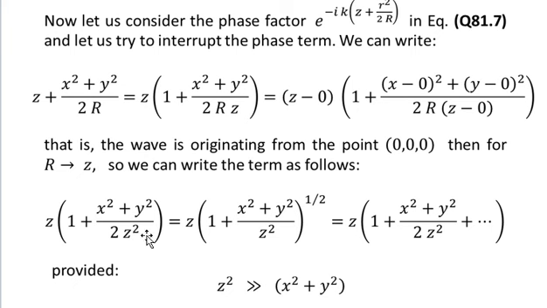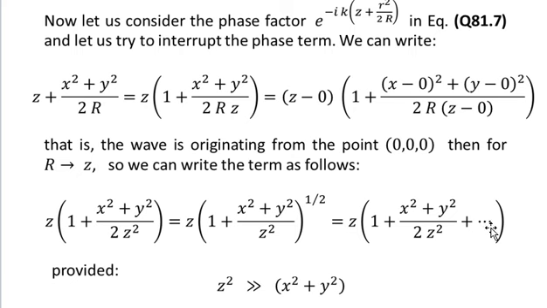But you know that the term in the parenthesis can also be written as 1 plus x square plus y square over z square, and the power of this whole parenthesis is taken to be one half. If you expand this, as we have shown on the right hand side, you will have the expansion. In the expansion you have 1 plus x square plus y square over 2z square, plus the higher order terms.